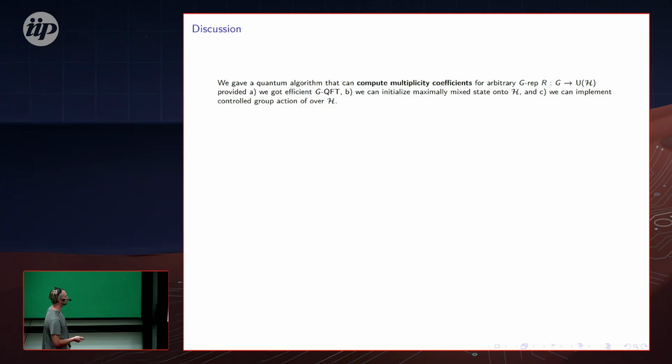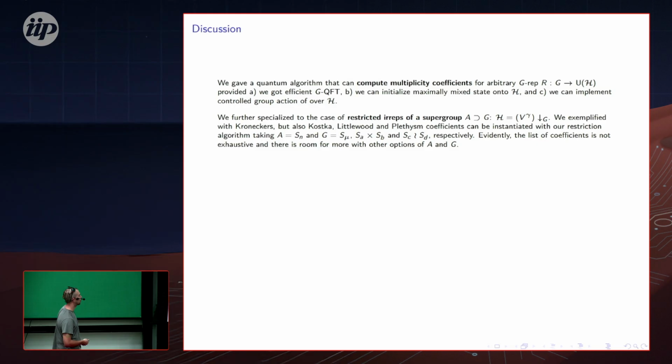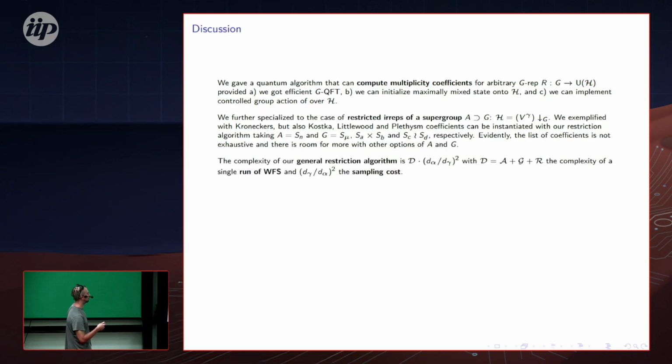We gave a quantum algorithm that can compute multiplicity coefficients for arbitrary group representations, provided that we have an efficient QFT over the left regular representation of the group, we can initialize the maximally mixed state onto the representation, and we can implement the controlled group action. An instance of all of this is when you have an ambient group with a QFT over the left regular representation, and you consider the rep of G to be the restriction of an irrep of A. Kroneckers are a case of this, and Kostka, Littlewood-Richardson and plethysm coefficients are also cases of this restriction algorithm.